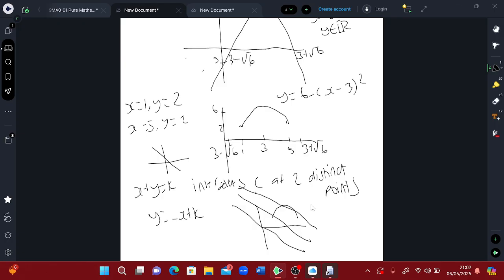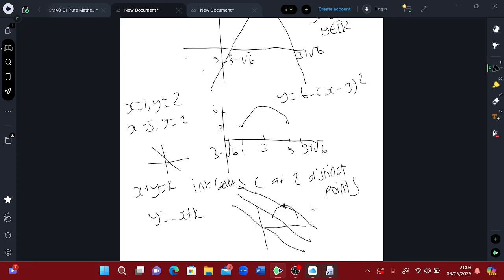If we look at the graph then, this is where you argue graphically. Obviously it's going to reach the left side of the curve first, right? If we shift it up, it's going to hit the left first, and then the right side of the curve after the turning point. So this line here, in order to ensure it hits at two distinct points, we need to make sure it also hits the final point here at the end point.